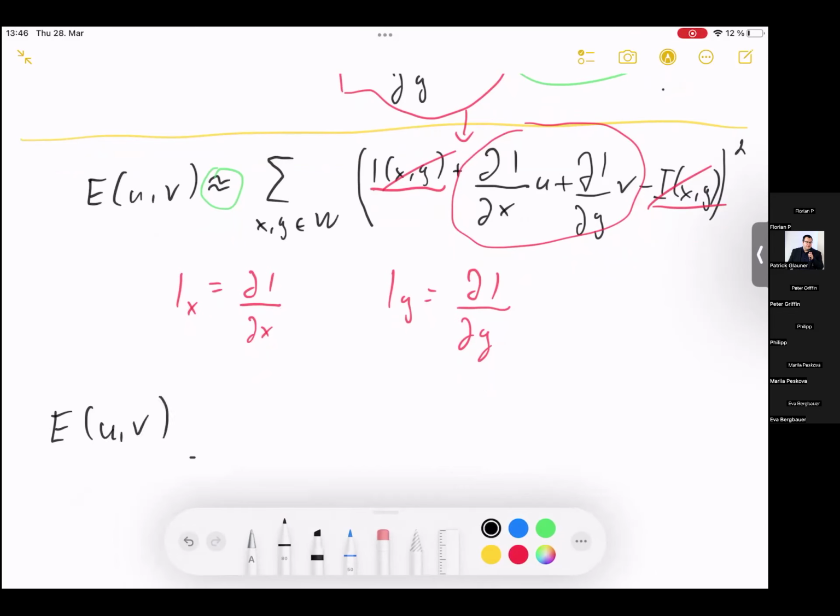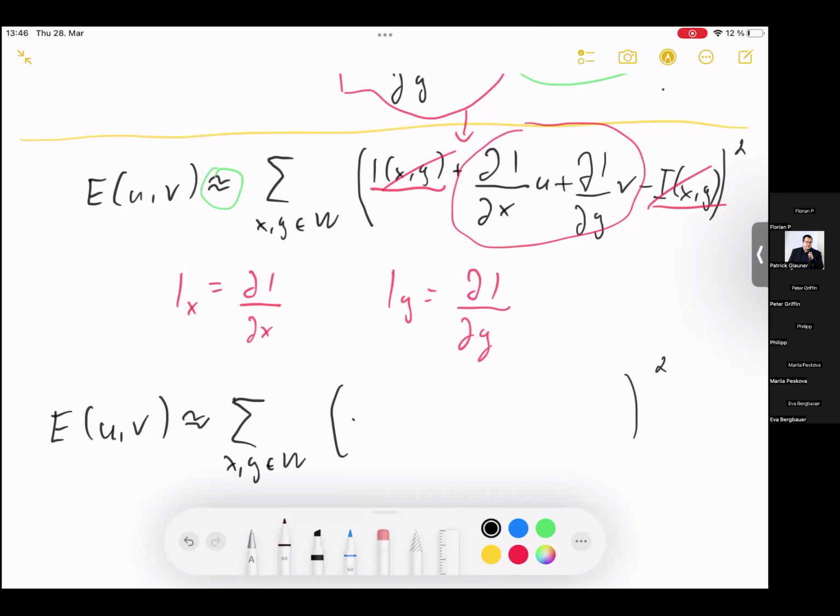E(u,v) is the approximation from before, sum over x, y in the window, and I apply this Ix and Iy that I just defined here to make it look more neat.